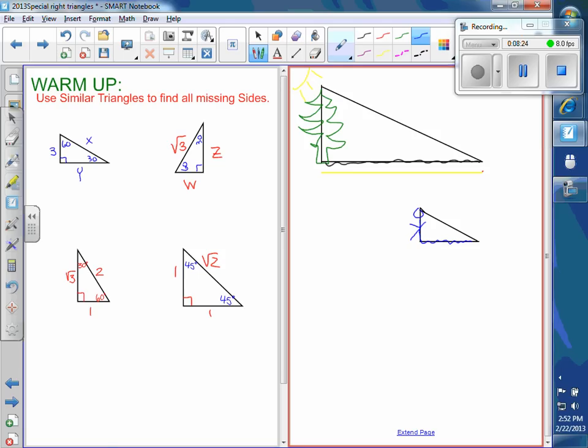And if it's the same time of day, then your shadow and your height are going to form a proportional triangle, a triangle that's similar to the tree shadow and the tree's height. So sometimes you would see the triangle separate, sometimes you would actually see the triangle superimposed. Do you remember that?